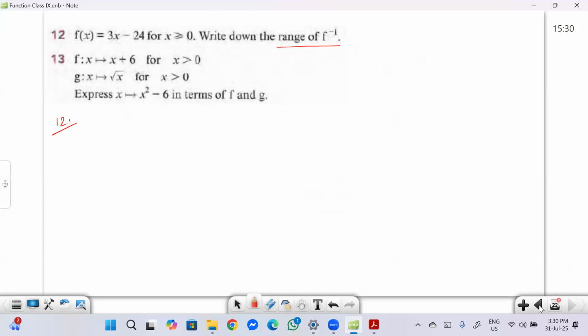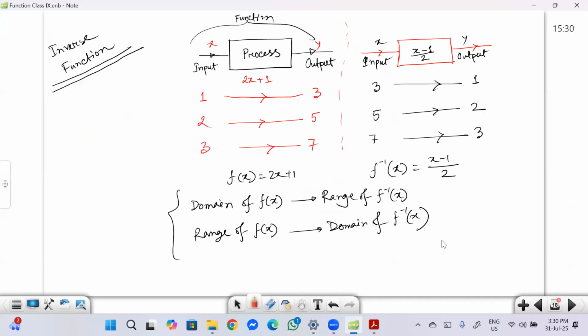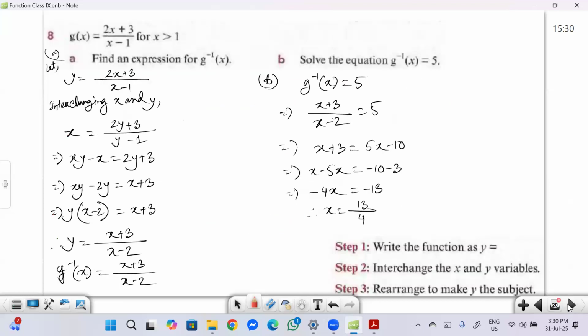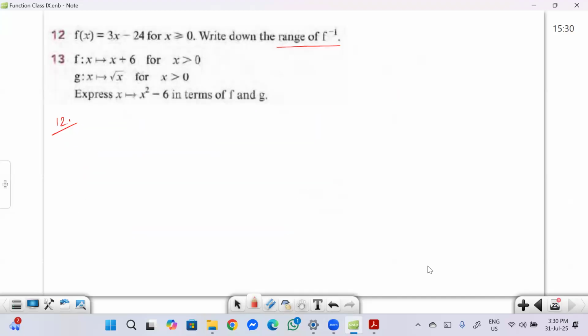So আমরা যখন ইনভার্স ফাংশনটা ইন্ট্রোডিউস করেছিলাম, আমরা কি রিলেশনশিপটা দেখাইছিলাম যে হচ্ছে f of x এর ডোমেইন is the range of f inverse x, তাই না? Again, f of x range would be a domain of f inverse. So in many cases, we might not also find out the f inverse or the inverse function for the problem we are solving if they ask us to find out the range or domain of f inverse.